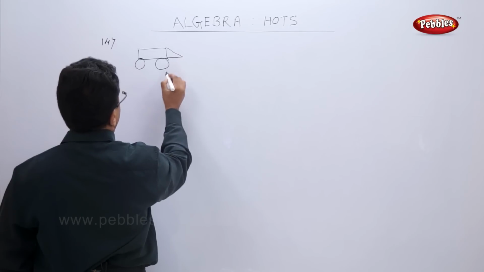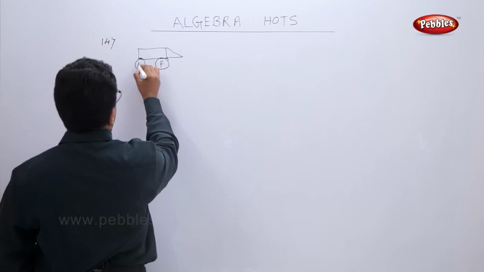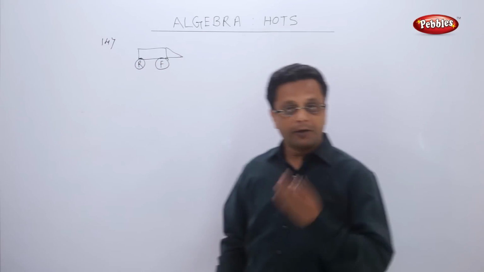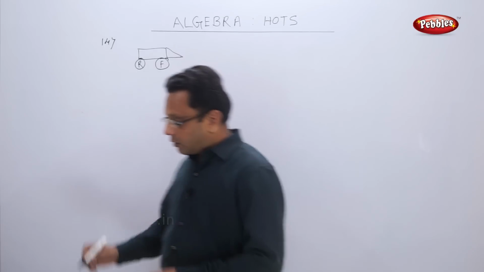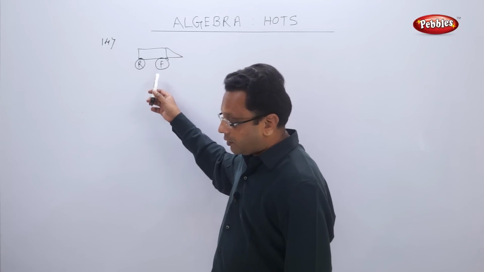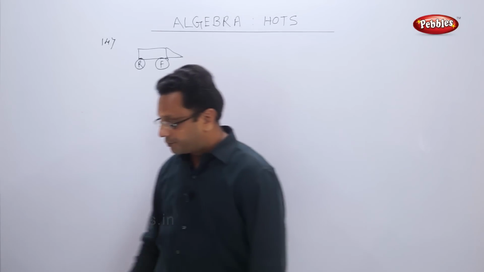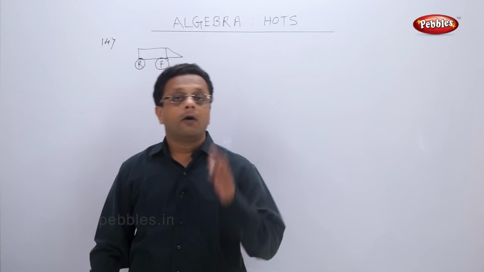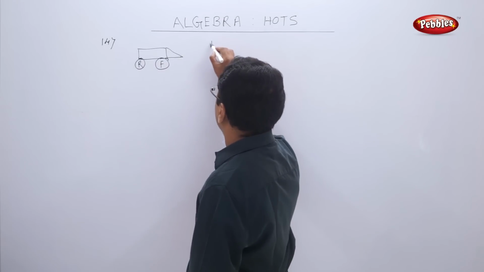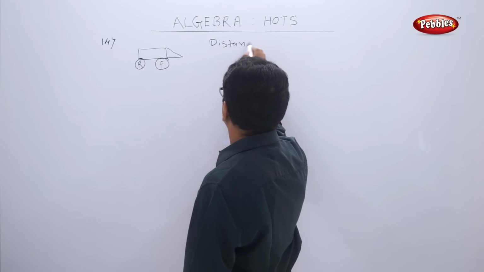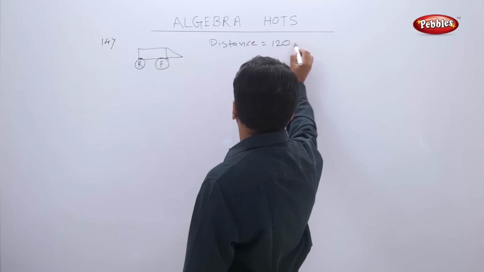Let us say this is the forewheel, this is the rear wheel. Now this forewheel of a carriage makes 6 revolutions more than the rear wheel in going 120 meters. So our distance is 120 meters.